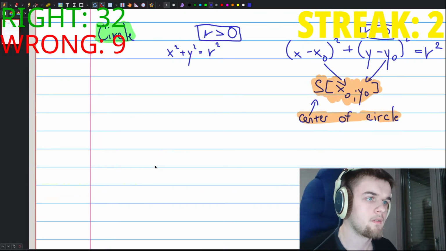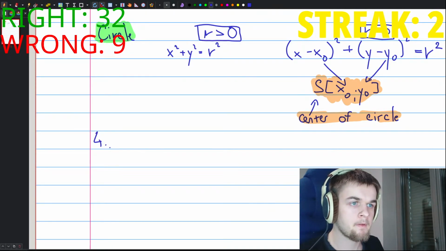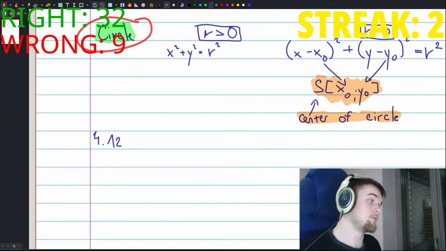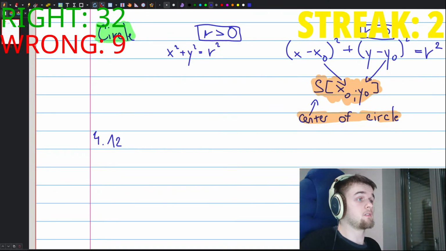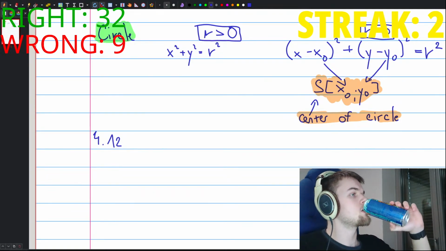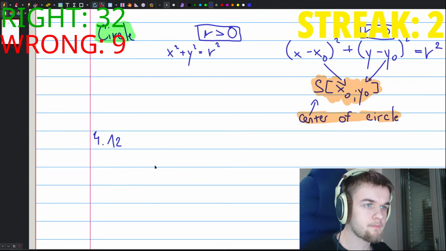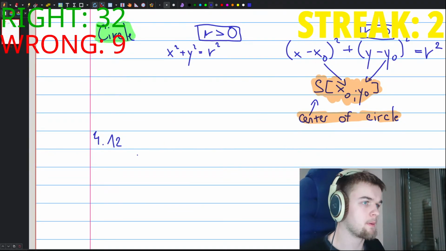Okay. So we have a problem, 412. When it comes to these circles, what is very important, if you want to find the center, you need to know how to complete the square. And this is what this next problem demonstrates.